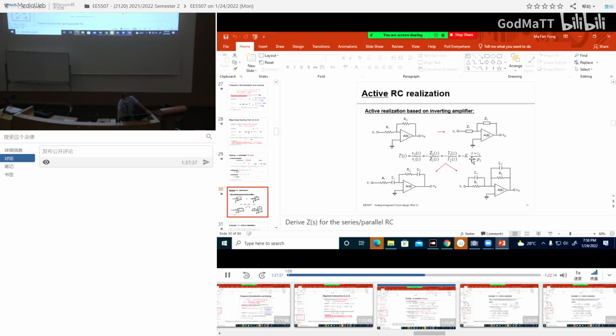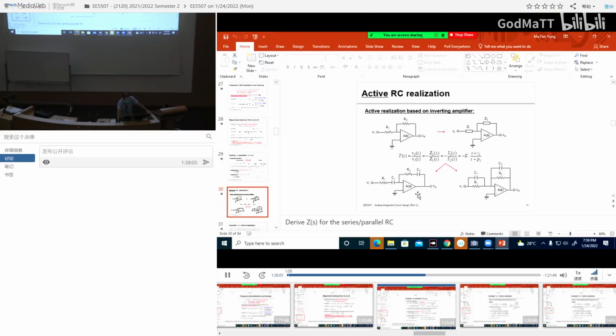And now if you say Z2 over Z1 is equal to Y1 over Y2, where impedance is Z and admittance Y is 1 over Z, then if each of these is linear in numerator and denominator, you have a simple bilinear transfer function again, with a zero and a pole.